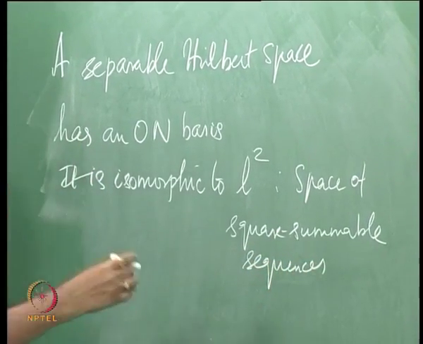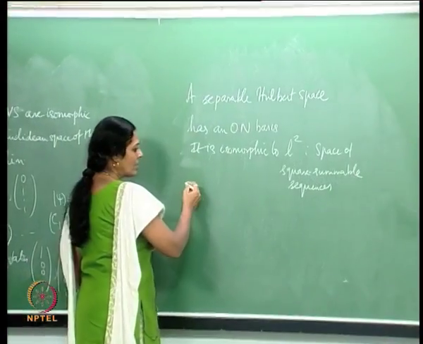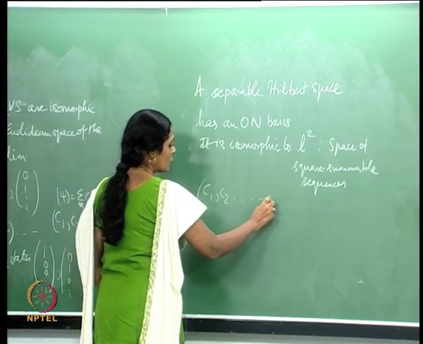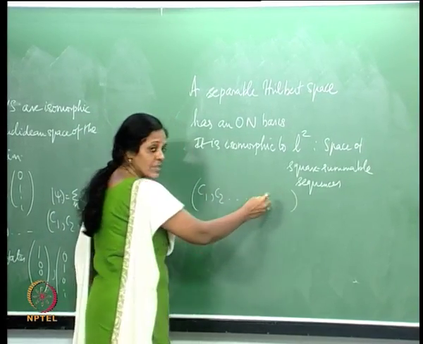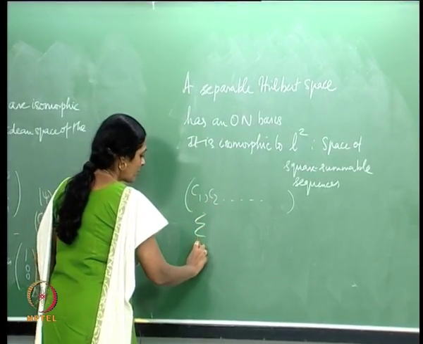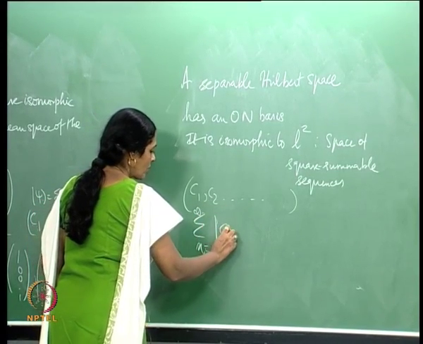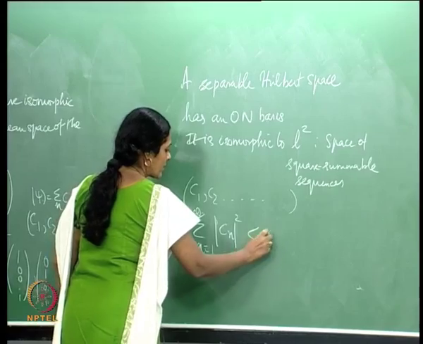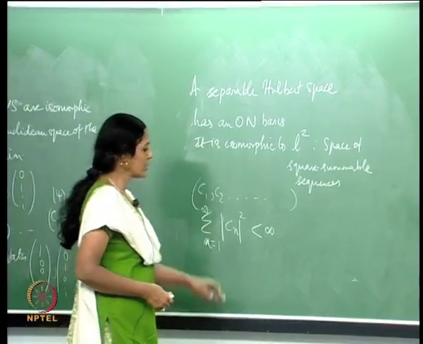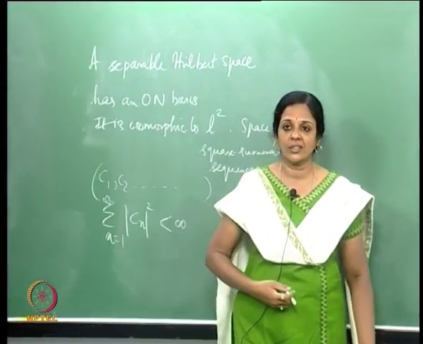So I just have this infinite sequence, infinite string of numbers, complex numbers in general, C1, C2, C3 and so on, so that every state is represented by a unique set C1, C2, satisfying summation over n equals 1 to infinity, mod Cn squared is less than infinity. That's what is square summable. And that, as we have already seen, is required for the probabilistic interpretation of quantum mechanics.